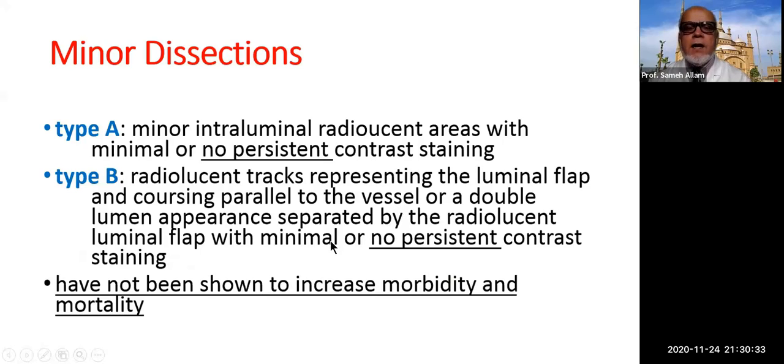There are 6 types of dissection. A and B are minor dissections that have not been shown to increase morbidity and mortality. They are treated conservatively and they are self-limiting. They are characterized by dissection that shows angiographically, but there is no persistence of contrast staining at the end of the injection.